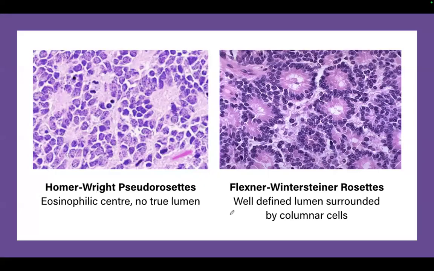The true rosettes is the Flexner-Wintersteiner, which you see in retinoblastoma. Homer Wright are pseudo-rosettes. Why are they called pseudo-rosettes again? What is the pathologist's explanation? Because it has no true lumen. But they basically look the same. So please remember that.